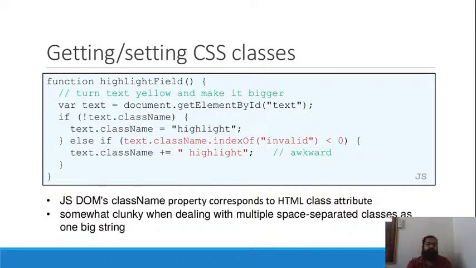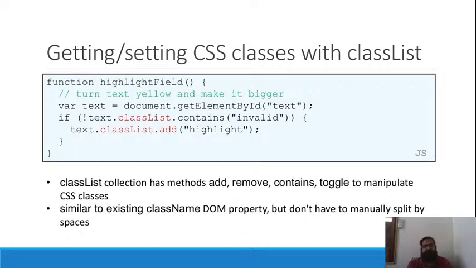Here you have added the class name by simple string manipulation, text.className += highlight, while it would be better to do it with classList. So you will do if not text.classList.contains("invalid"), then text.classList.add("highlight"). So you are adding a particular name.